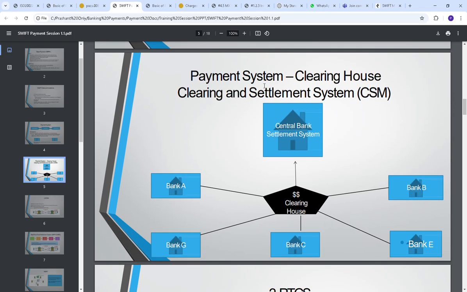This is the example of multilateral clearing, where payments go through a clearing house. You can consider the same example. Here in India, there is Bank of Baroda, Bank of Maharashtra, Overseas Bank, HDFC Bank, ICICI Bank. So many banks are attached to each other by a SWIFT network, and inside that there is a clearing house, which is RBI.